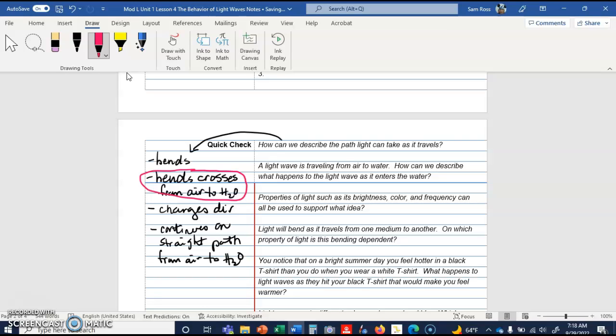Properties of light, such as its brightness, color, and frequency, can all be used to support what idea?